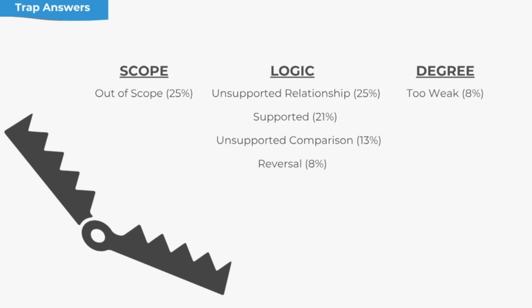Answer choices that represent unsupported comparisons are very similar to unsupported relationships and reversals. So, answer choices built around reversing the conditional relationship. And then, of course, answer choices can be wrong on must be false questions for simply being too weak. On must be true questions, the weaker the answer choice, the better. The less you say, the better it is, because an answer choice can get into trouble, can go beyond what you know when it says too much.